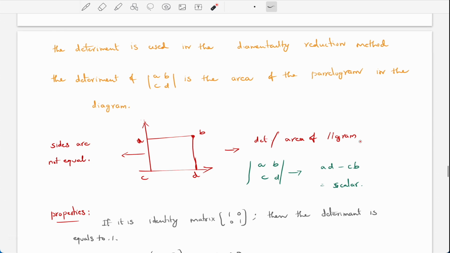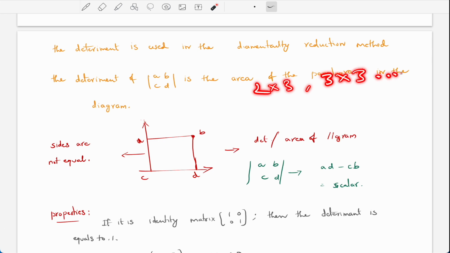So why do we use the determinant? As I said, it is used in machine learning and deep learning. The determinant is used in dimensionality reduction. What do you mean by dimensionality reduction? We're going to cover that in the machine learning lectures. Simply put, dimensionality means we have dimensions like 2 into 2 and 3 into 3.